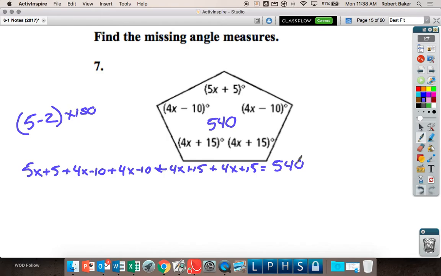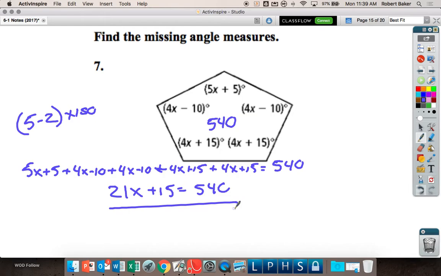If you do 4, 8, 12, 16, 21 x's. Then 15 plus 15 is 30, minus 10, minus 10, is 10, plus 5 is 15. So all that boils down to this: 21x plus 15. Can you get from here to the answer?